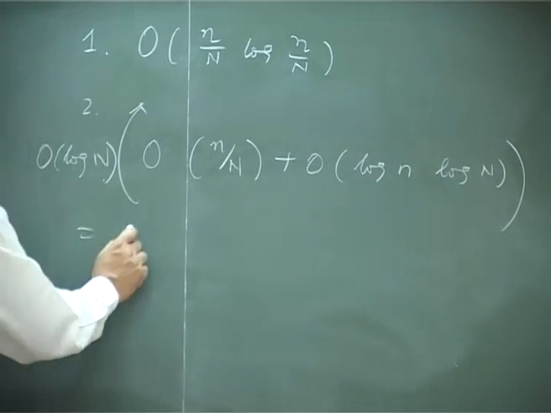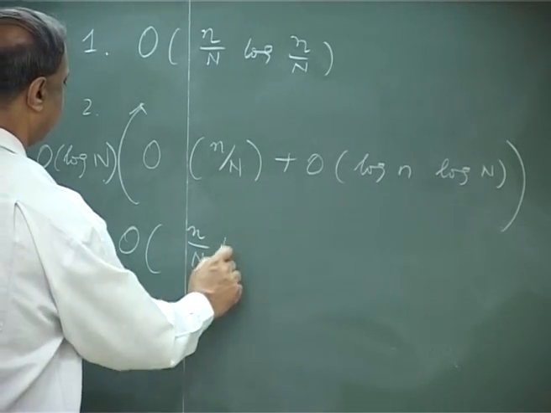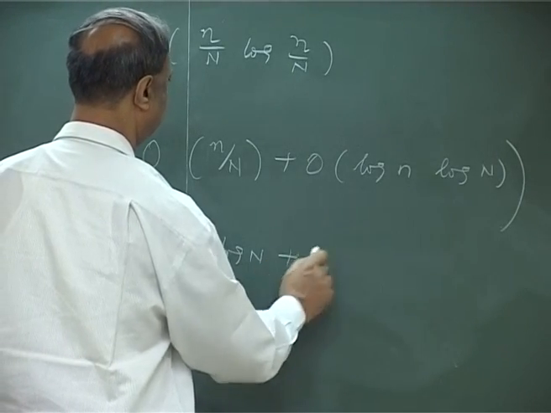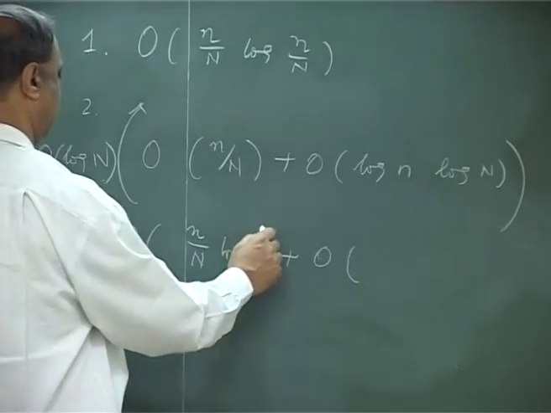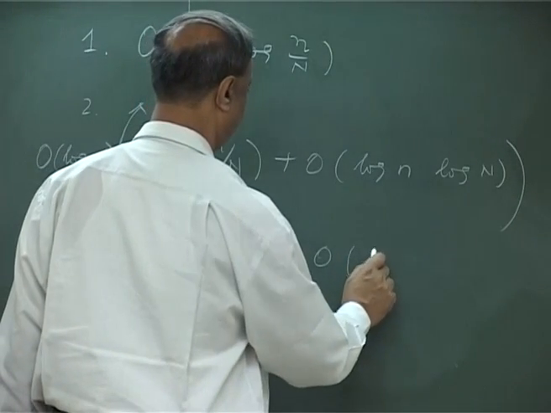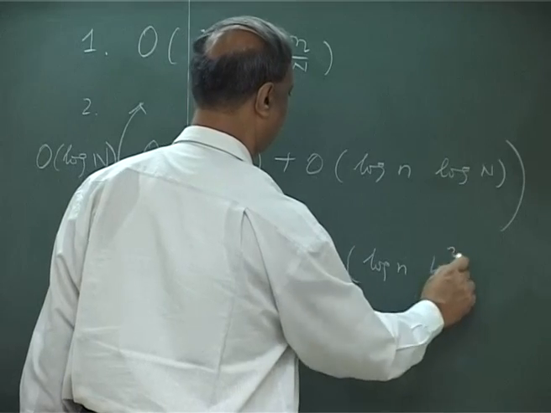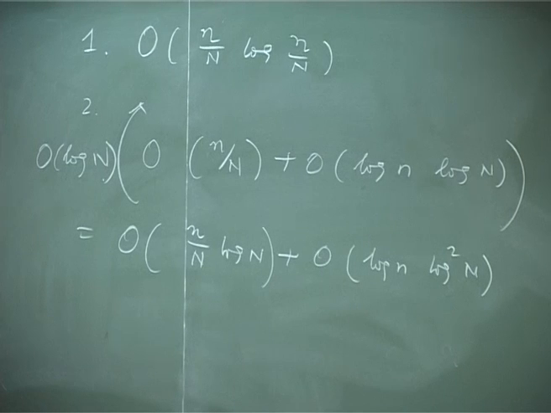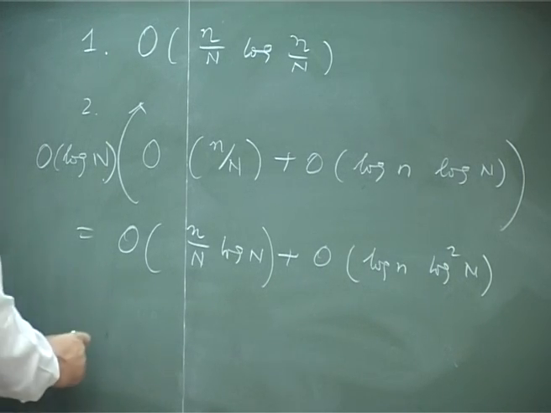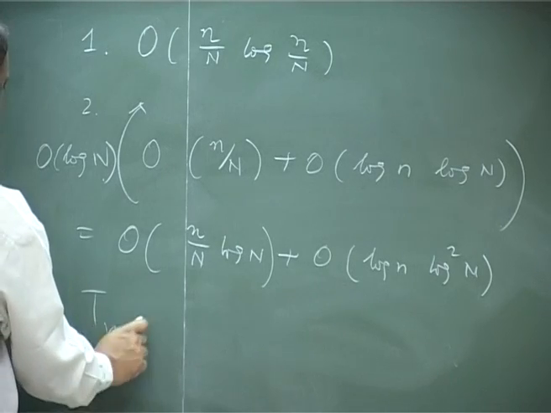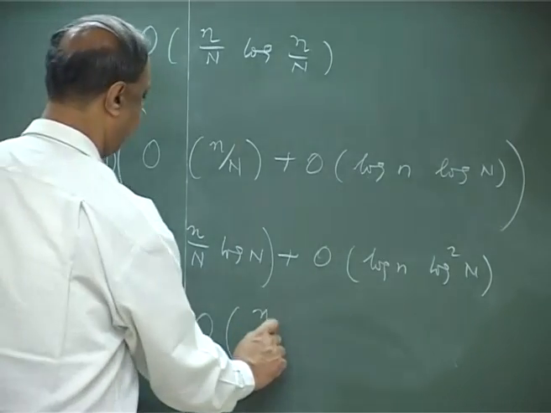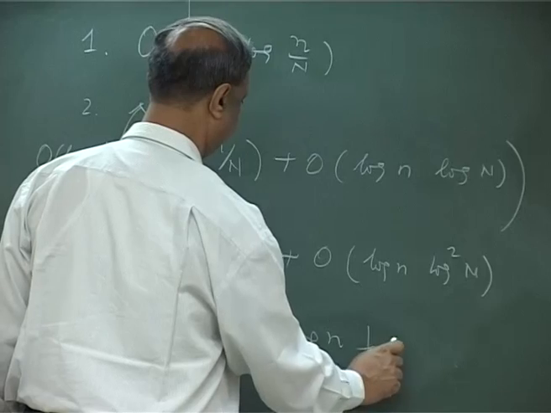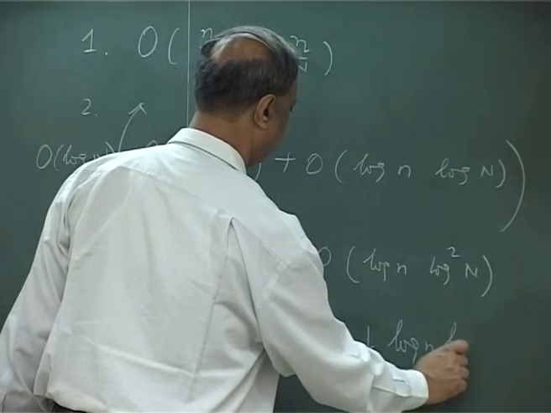So this gives you order n by N log n plus order log n log square n. So if I add these two, I get Tn is order n by N log n plus log n log square n.